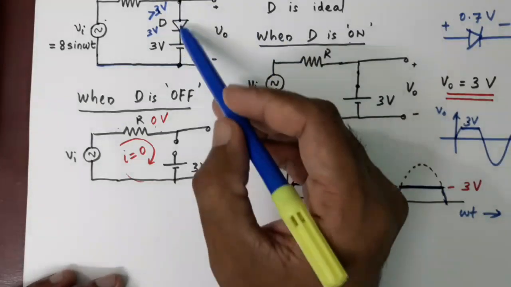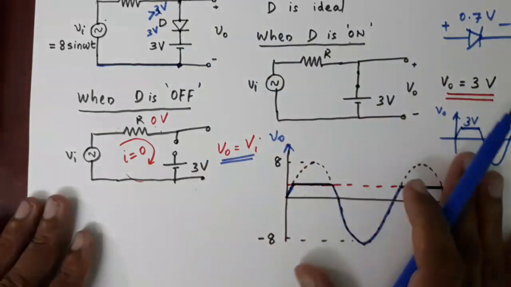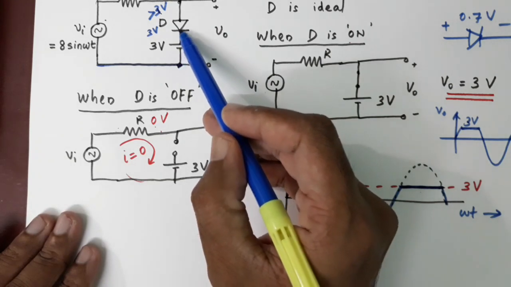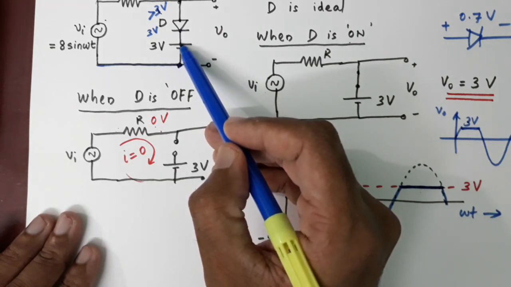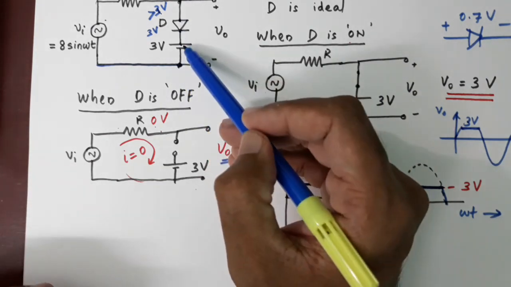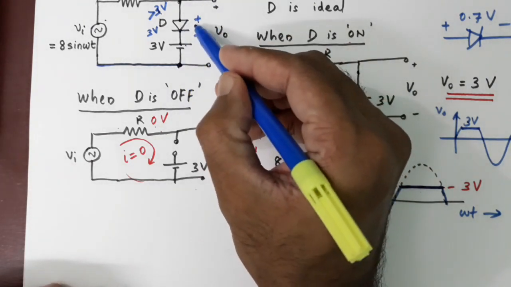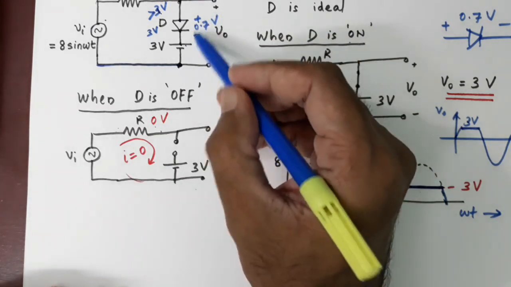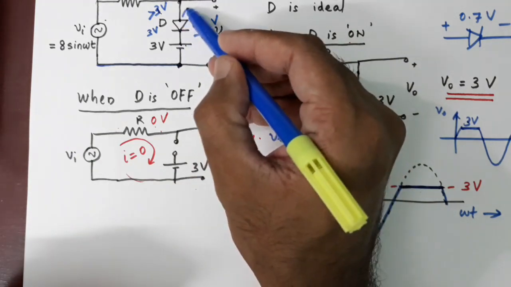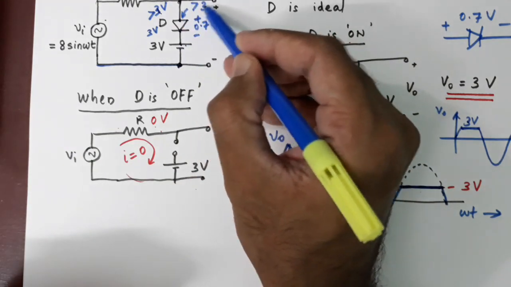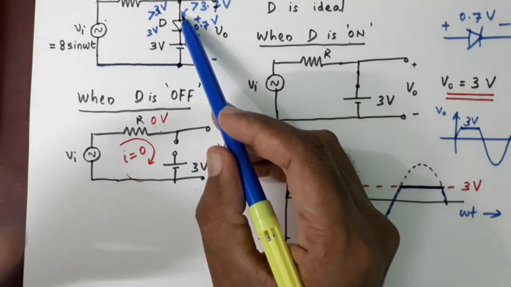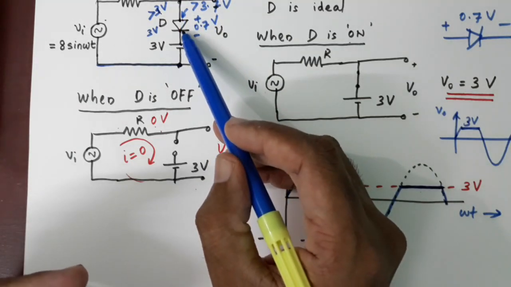To forward bias this diode, the cathode is already at 3 volt with respect to this reference, so the anode potential must exceed 3 plus 0.7 volt. That is, the anode potential should be greater than 3.7 volt. When the anode potential exceeds 3.7 volt, it will conduct.